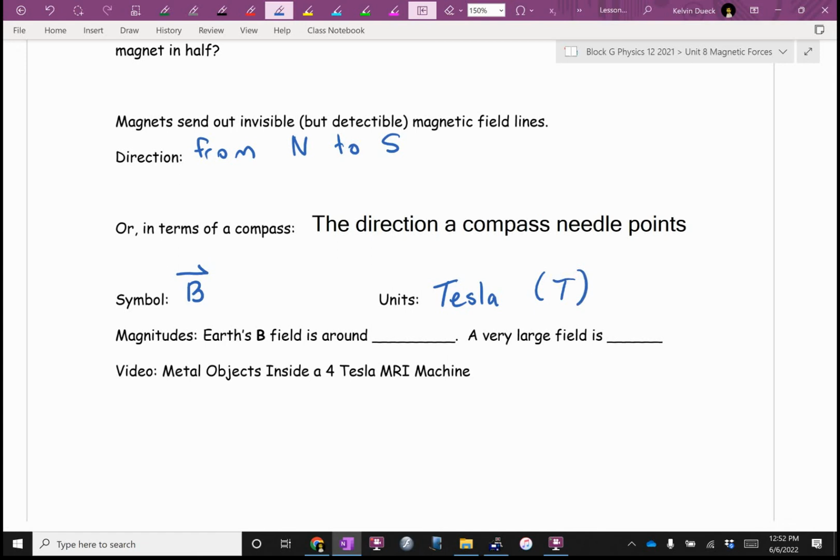You're sort of measuring the same thing, but technically a little bit different. We will be using Teslas. The Earth's magnetic field is around 50 microteslas. So 50 times 10 to the negative 6. A very, very large magnetic field is 1 Tesla.